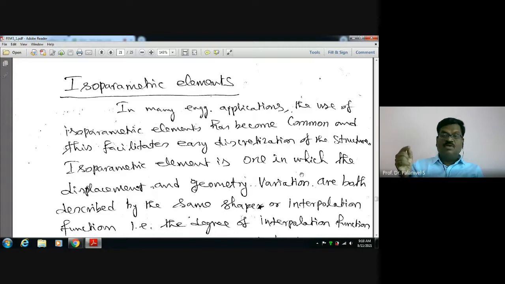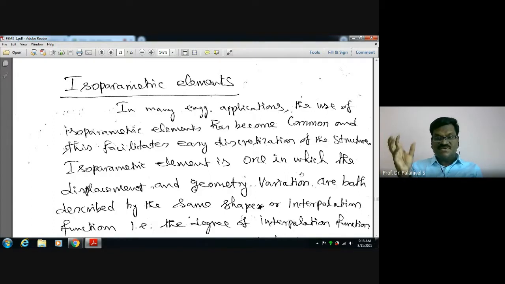Similarly, if you want to obtain the coordinate, that is the geometry, the xy of that point, x is equal to n1 x1 plus n2 x2 plus n3 x3. Similarly, y is equal to n1 y1 plus n2 y2 plus n3 y3.